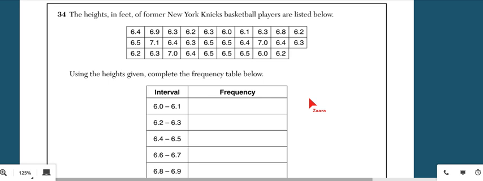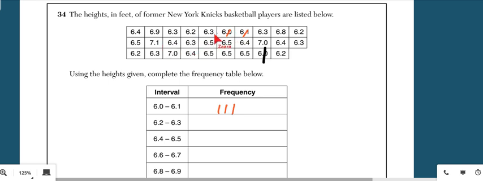Okay, so let's see, 1, 2, is there any other value? 6.0, right here. This one. Yeah, so we have 3 in that one.